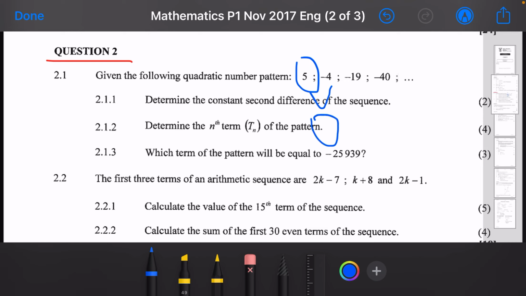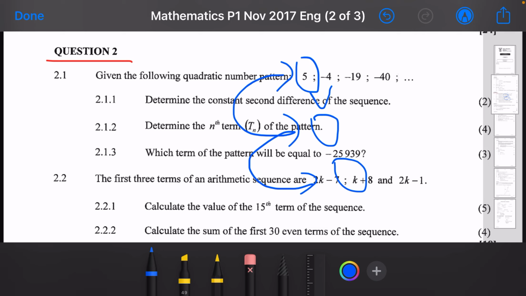Now question 2.1.1 says: determine the constant second difference of the sequence. Massively important, ladies and gentlemen. This question is allocated 2 marks. They are saying determine the constant second difference.